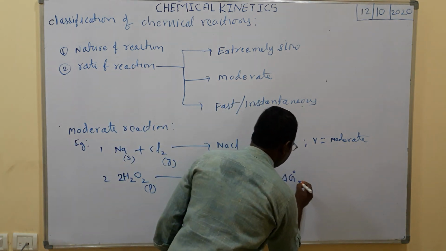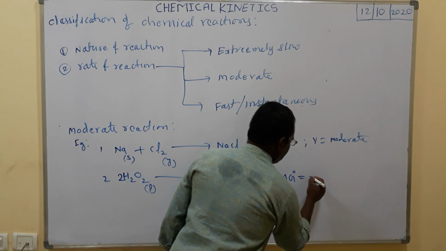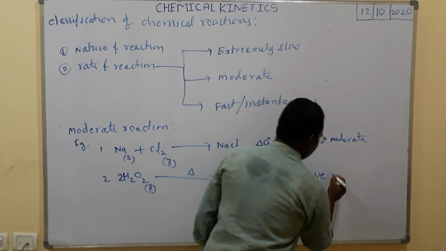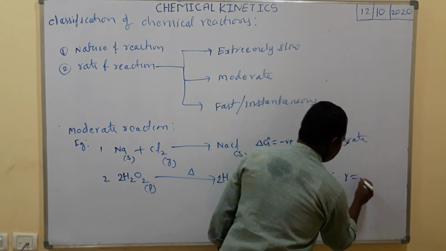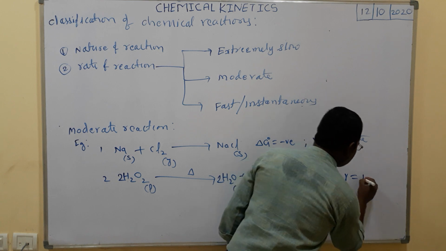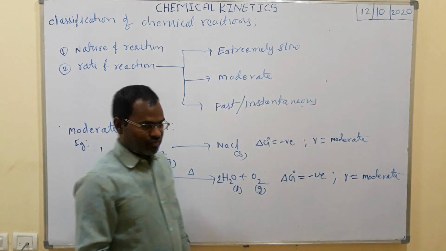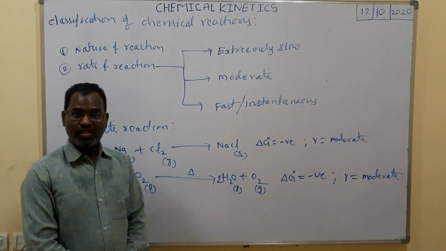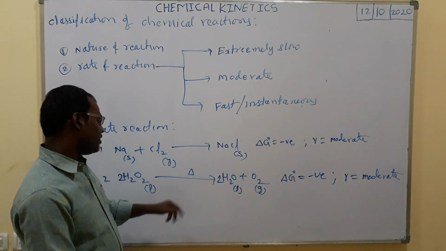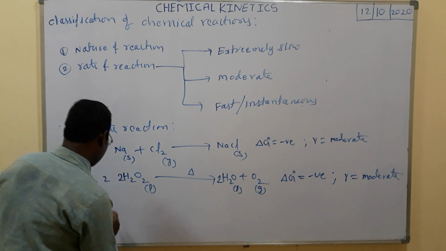The standard Gibbs free energy change is negative, and the rate is measurable, so it is moderate. This reaction also proceeds with a measurable rate, hence it is also a moderate reaction.